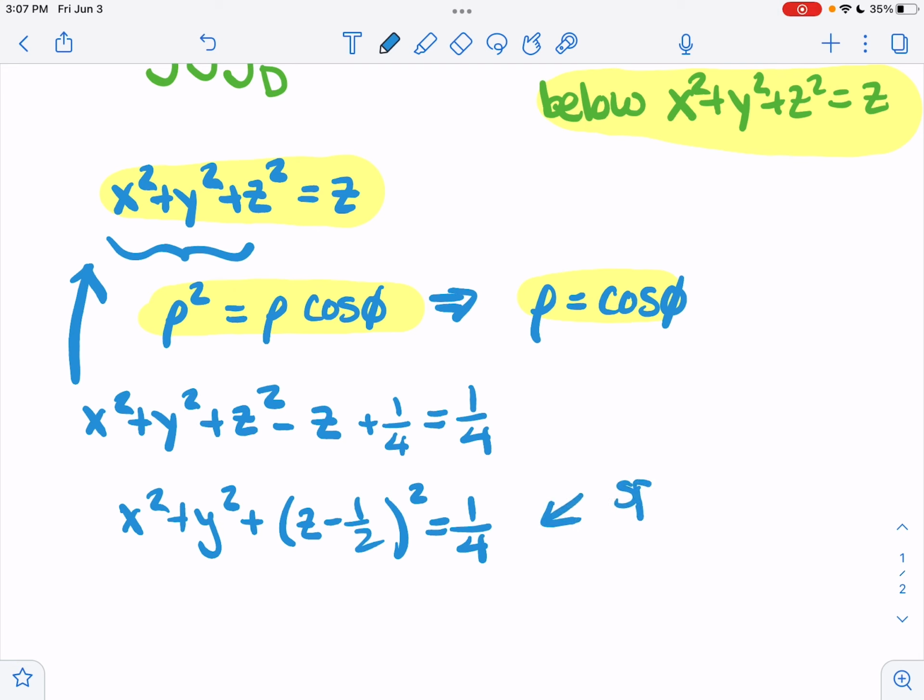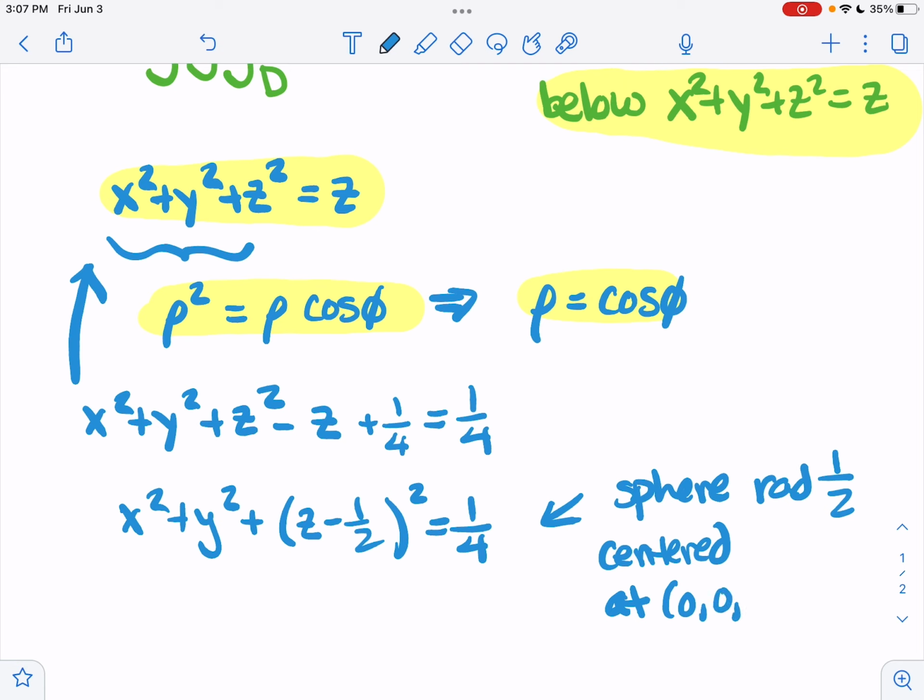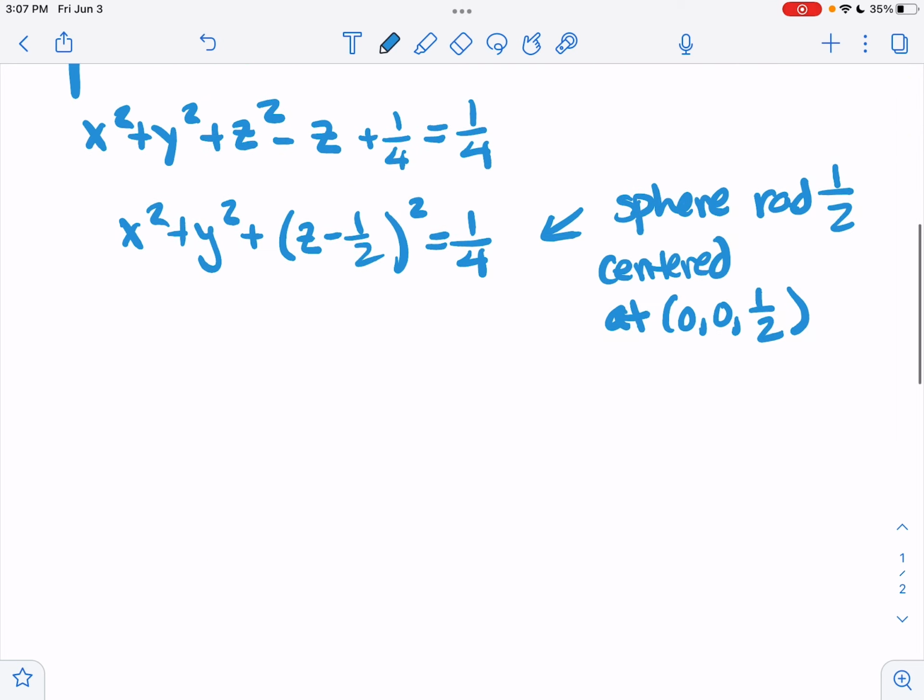This is a sphere of radius 1/2 centered at 0, 0, 1/2. So that's what we do have. We do have a sphere after all, which makes sense because it's a spherical coordinate example.